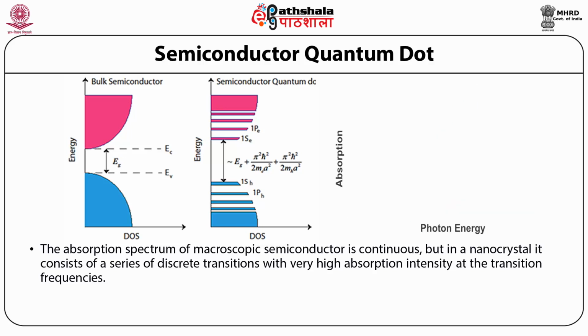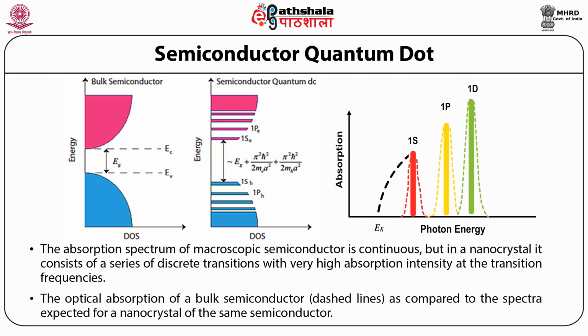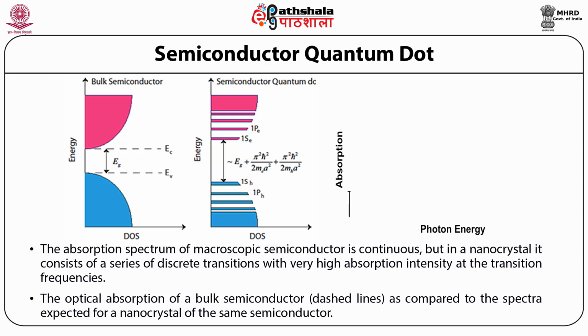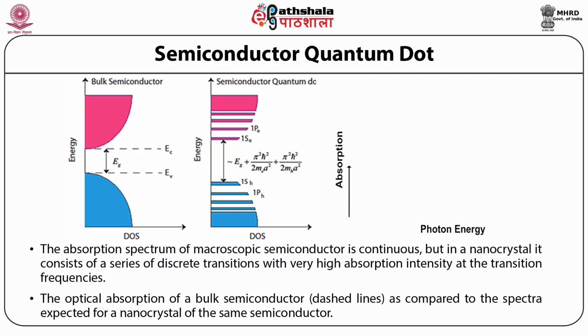As you can see here, the optical absorption of the bulk semiconductor, represented by dashed lines, is compared to the spectra expected for a nanocrystal of the same semiconductor. There is a corresponding energy level for 1s, 1p, 1d and so on.